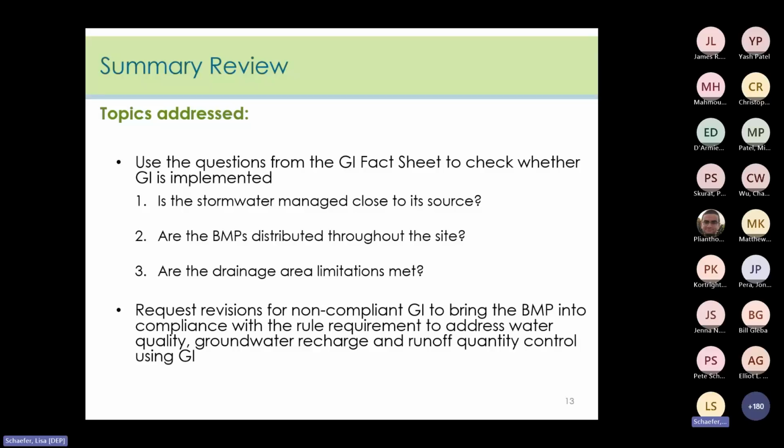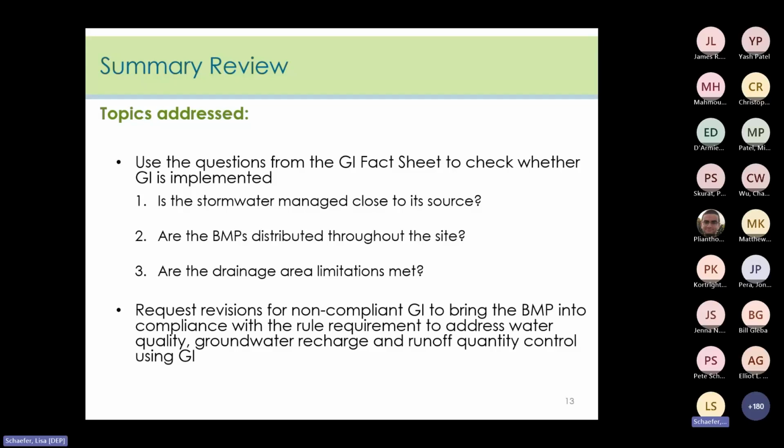So this example did not answer 2 of the 3 questions from the fact sheet with a yes. So even though they claimed it was GI, it is not worthy of the GI per our guidance. Okay, so that means the requirement to use GI properly has not been met.